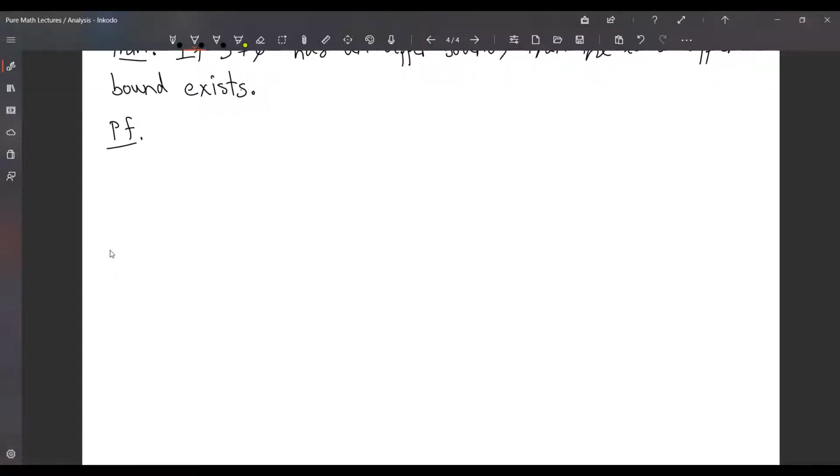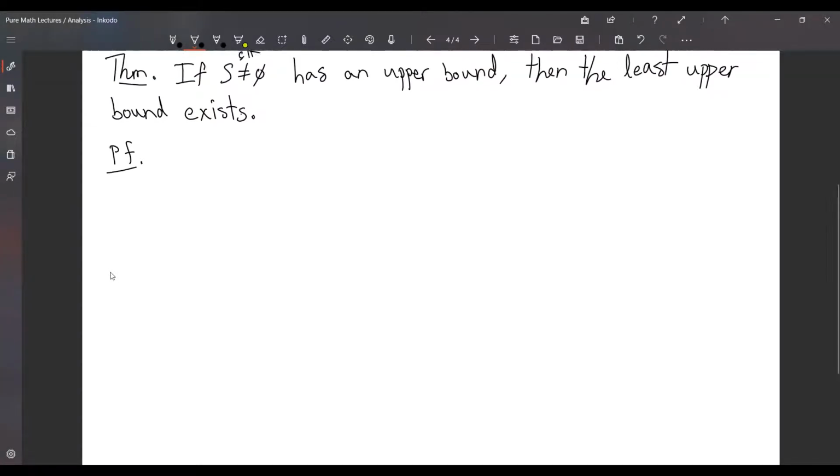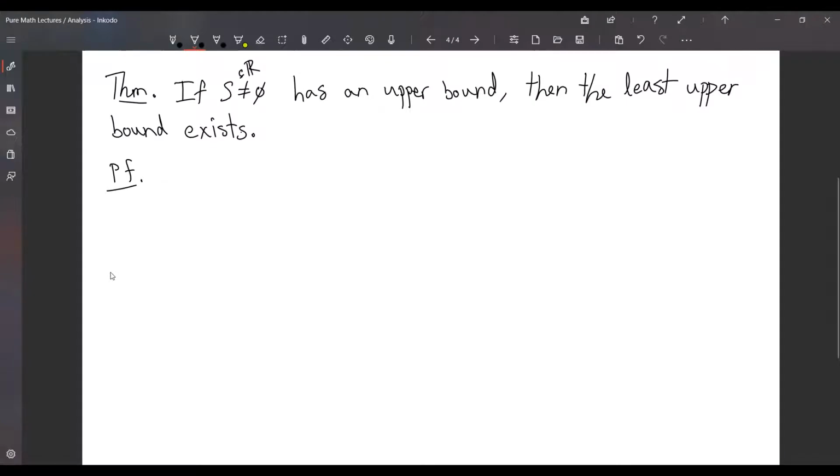So the first thing right off the bat is that we're going to be using our first sort of hypothesis that S is non-empty. So we're going to let little s be some arbitrary element of big S, right? Now let A1 be any number less than s, which obviously is going to exist.